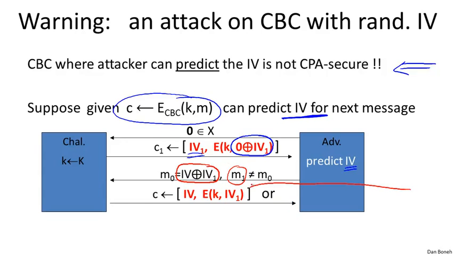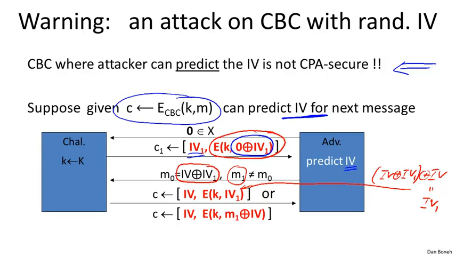The answer is that what's actually encrypted is IV XOR IV1, XOR the IV that's used to encrypt that message, which happens to be IV, and this of course is IV1. So when the adversary receives the encryption of M0, he's actually receiving the block cipher encryption of IV1. And lo and behold, he already has that value from his chosen plaintext query. When he receives the encryption of M1, he just receives a normal CBC encryption of the message M1. So he has a simple way of breaking the scheme.